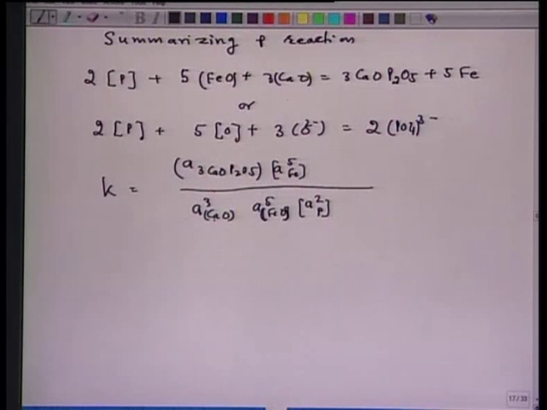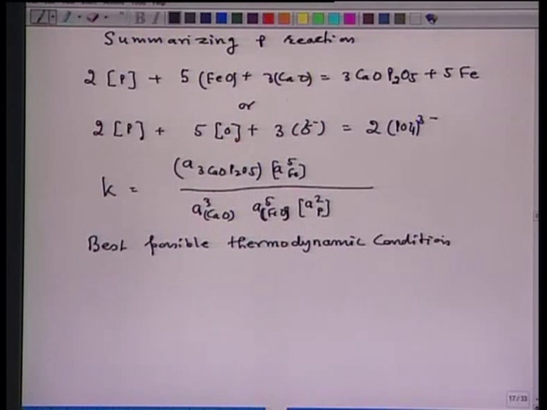Now, from here we can arrive at the best possible thermodynamic conditions for phosphorus removal. Number 1, as I illustrated, low temperature.